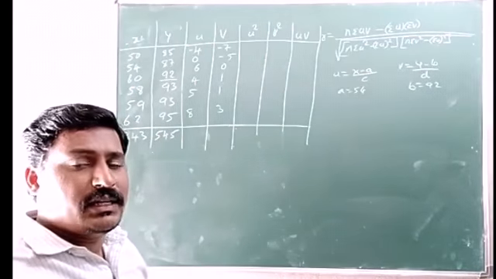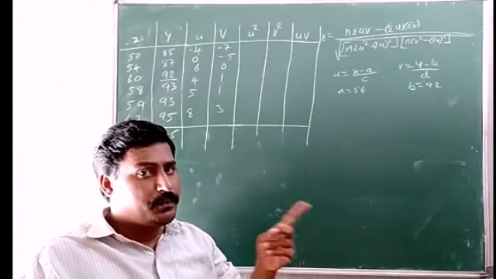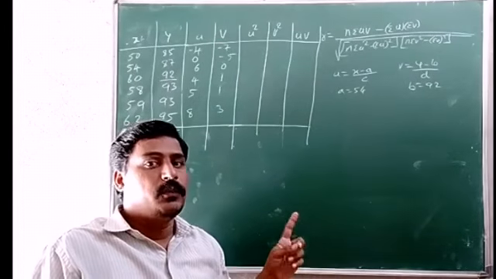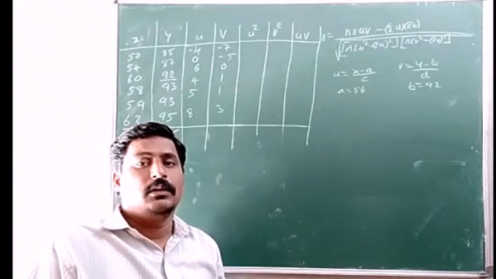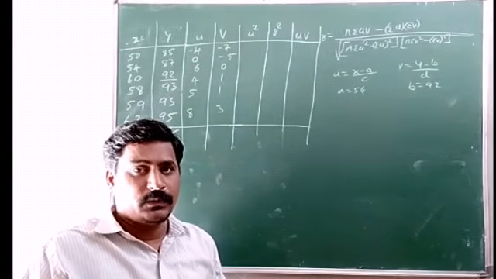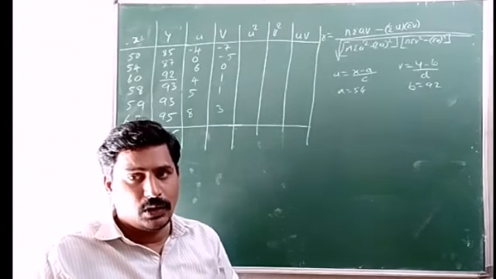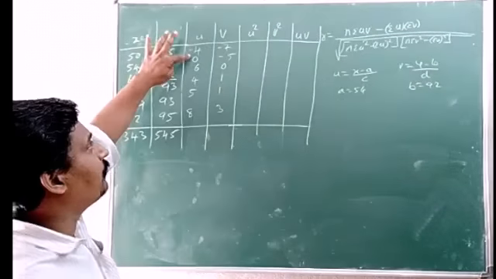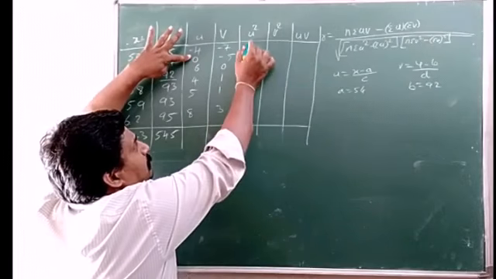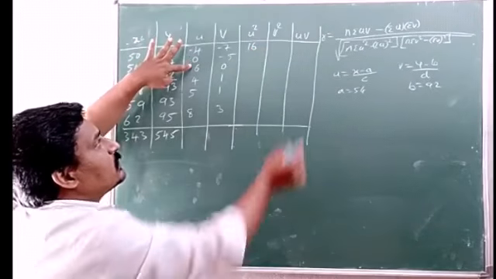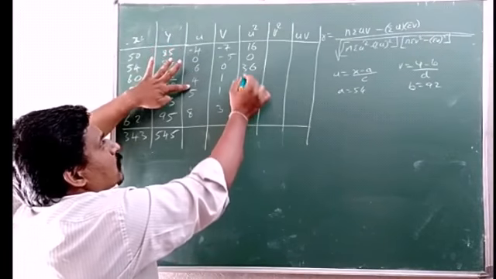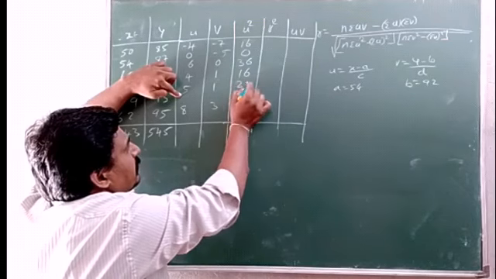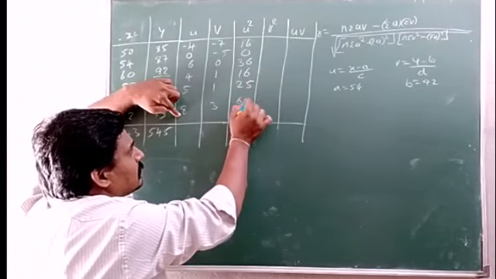When we get negative numbers, the product will be either positive or negative depending on the u and v values here. And squares we get positive value, no doubt in that. So here minus 4 square is plus 16. 0 square 0. 6 square 36. 4 square 16. 5 square 25 and 8 square 64.